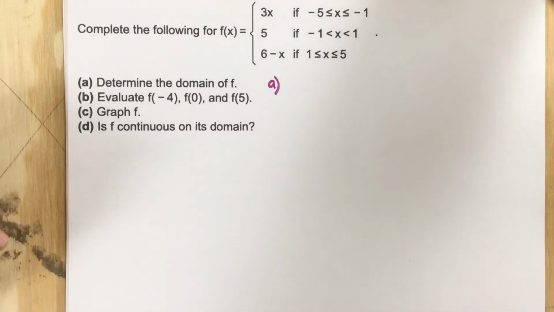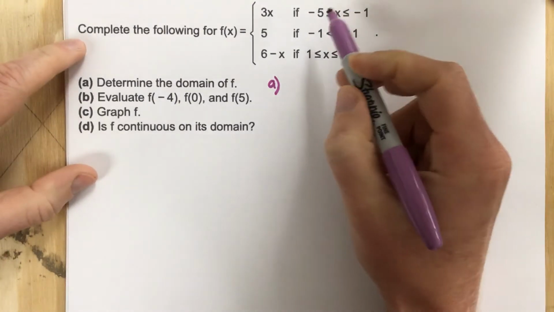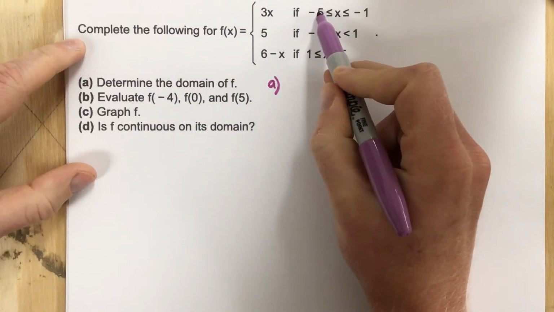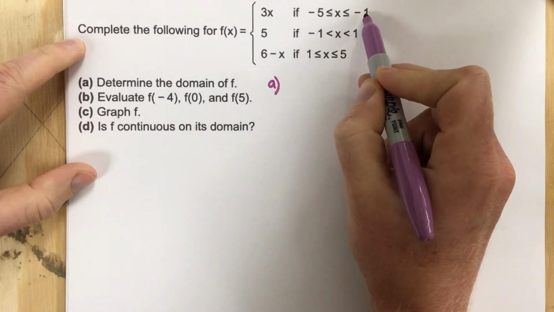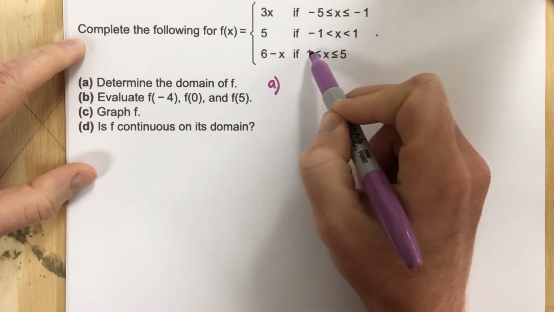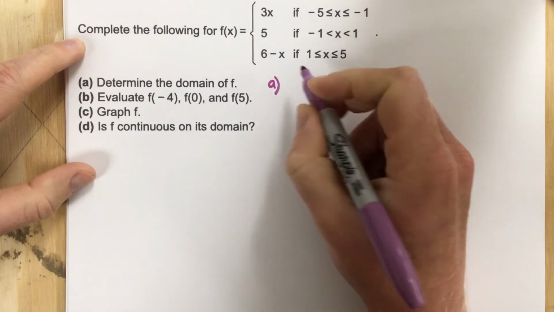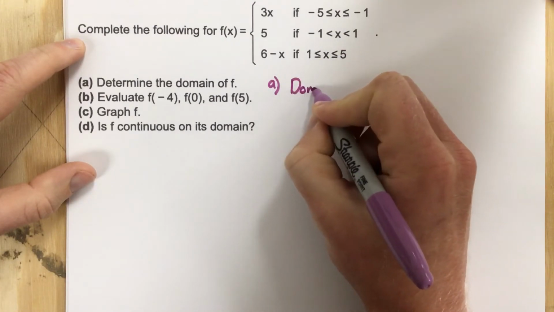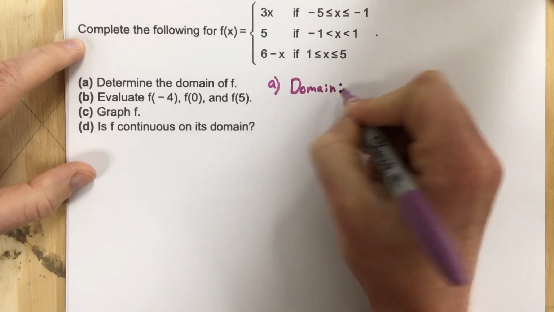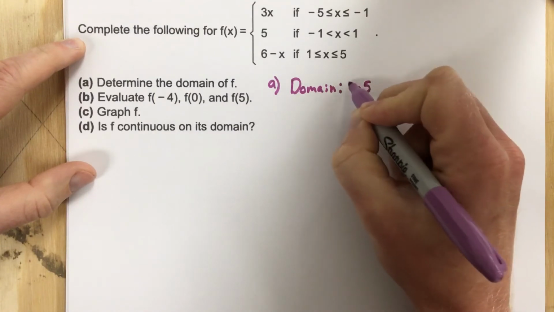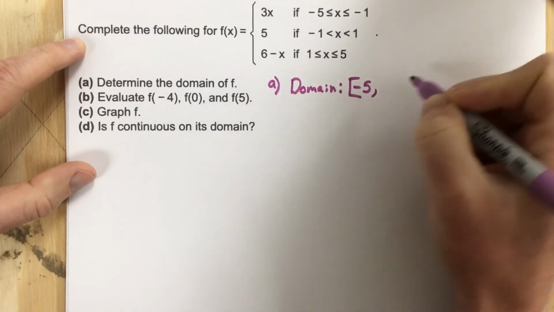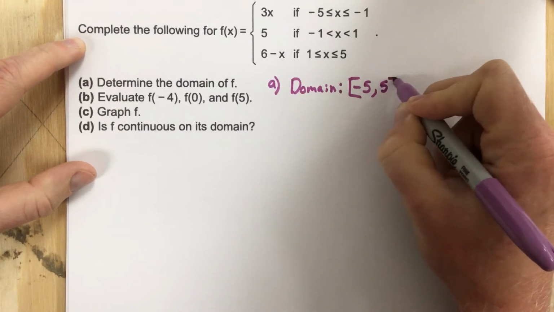The whole domain of f is going to be from negative 5 up to negative 1, and then from negative 1 to 1, and then from 1 to 5, so it really goes from negative 5 all the way to 5. So the domain is negative 5, including negative 5, up to 5, including 5.